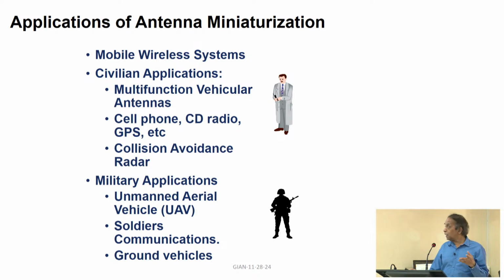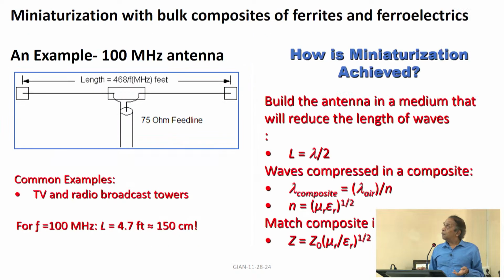So you would rather have the person wear a wearable antenna which is miniaturized. And same way with your cell phone, you don't want to carry around a huge cell phone as big as a radio. So miniaturization is key for all the applications. So how do you miniaturize an antenna?